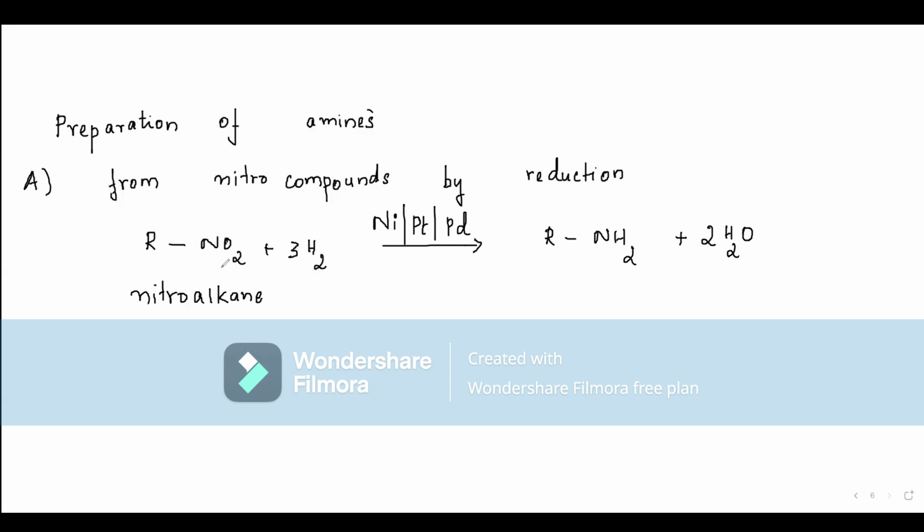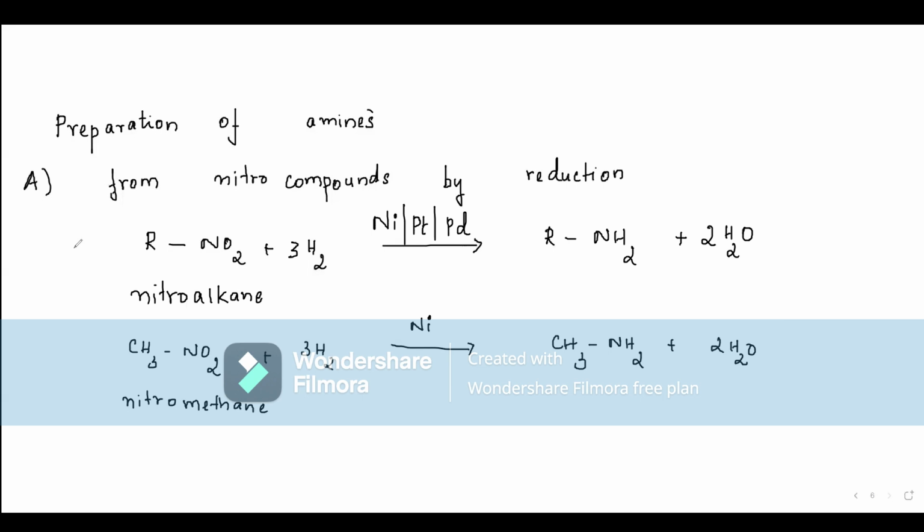Now, specific examples for this. CH3NO2, which is nitromethane. Nitromethane is again treated in the same way with hydrogen in presence of a catalyst. Let me pick one catalyst, okay? I'm picking nickel. So the product here will be CH3NH2 plus 2H2O.